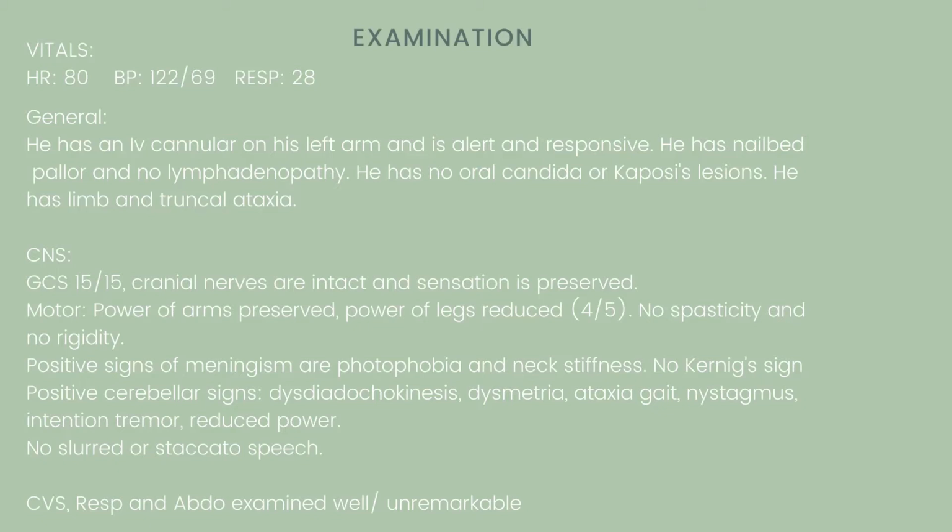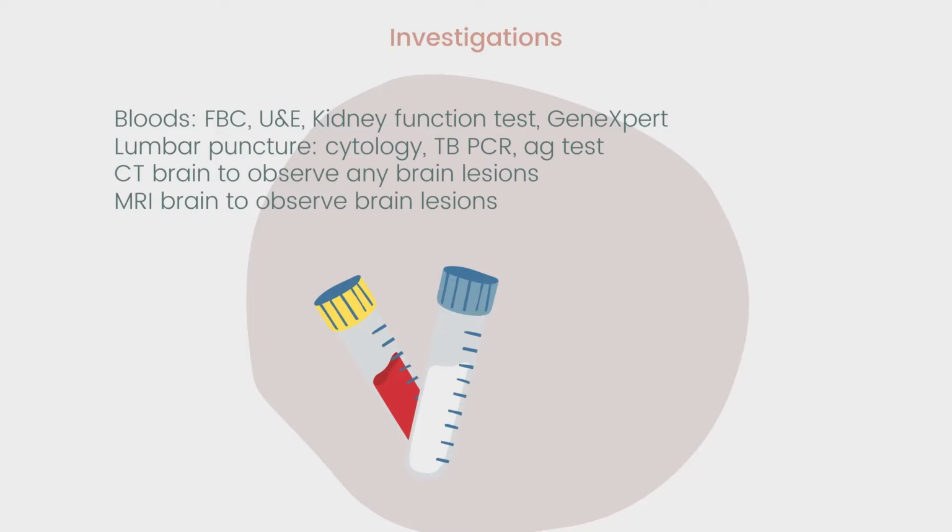On investigations, bloods including FBC, U&E, kidney function tests, and GeneXpert were ordered. Lumbar puncture, cytology, TB-PCR, and antigen tests were ordered. The CT brain and MRI brain were ordered to observe any brain lesions.